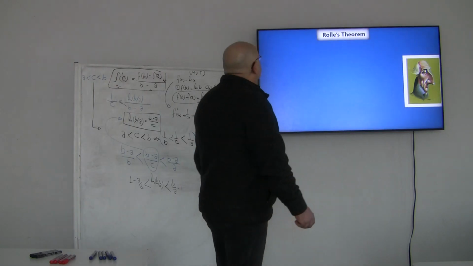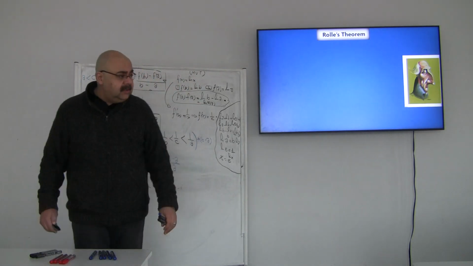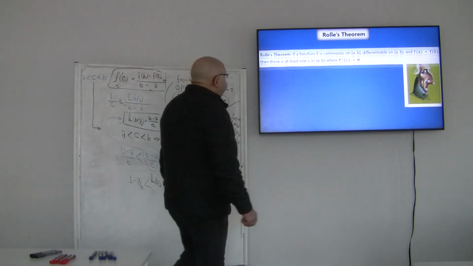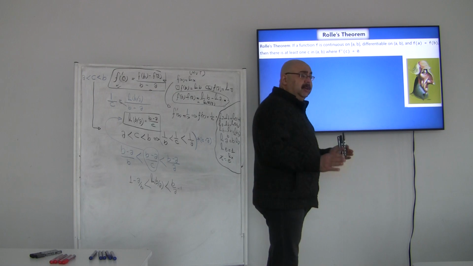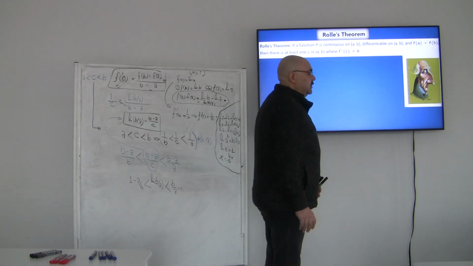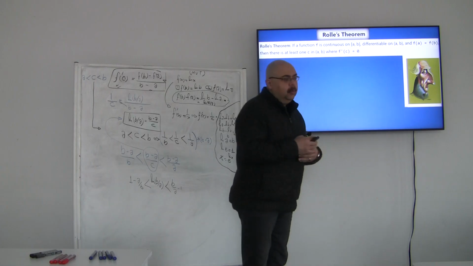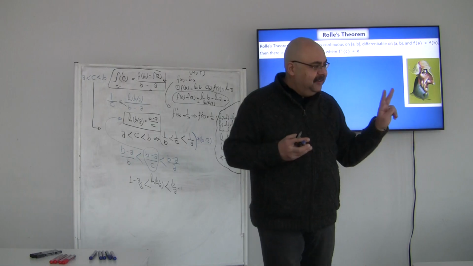Okay? Nice. Now let's look at Rolle's theorem. Rolle's theorem is a special case of the mean value theorem. It states that if you have another condition. Let's remember, what are the conditions of the mean value theorem?